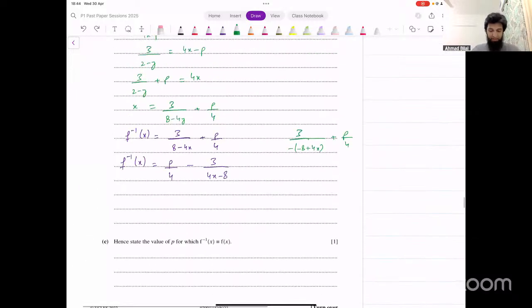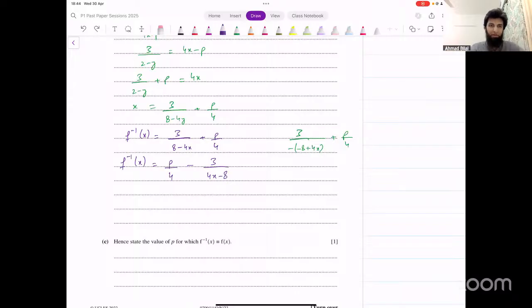Now it says, hence state the value for p for which f inverse of x is identical to f of x. How do you think about this now? Where f inverse of x and f of x are identical to each other. Now, what was the expression for f of x and what was the expression for f inverse of x?